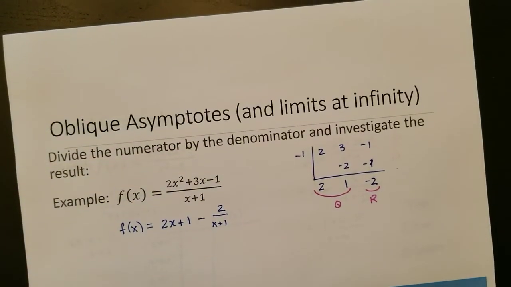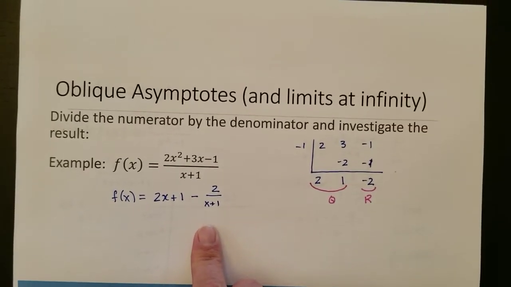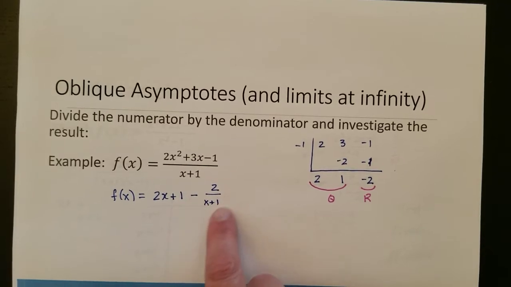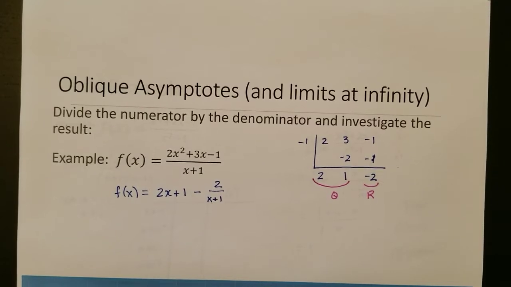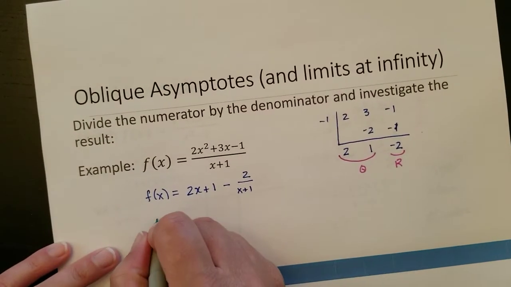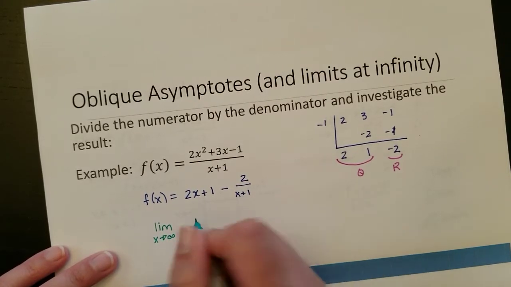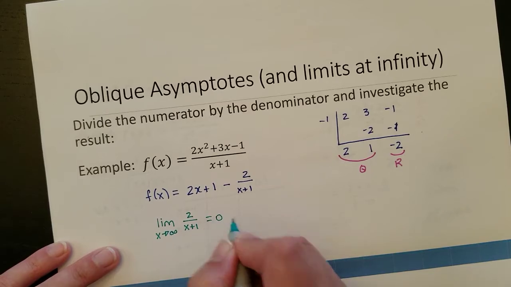So here you can see that as you approach infinity, if you were getting really, really enormous values for x, this 2 over x plus 1 is going to get closer and closer to 0. Okay, so just to be really clear, the limit as x approaches infinity or negative infinity of 2 over x plus 1 equals 0.